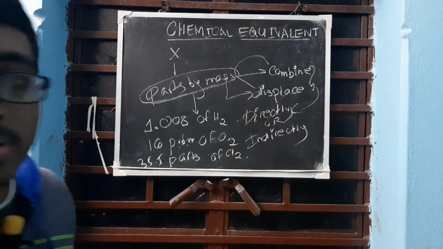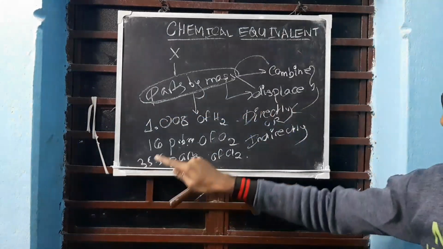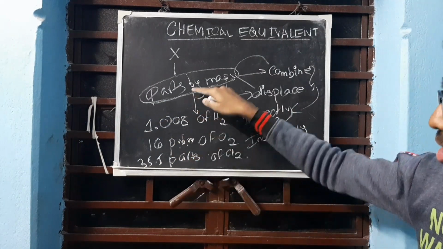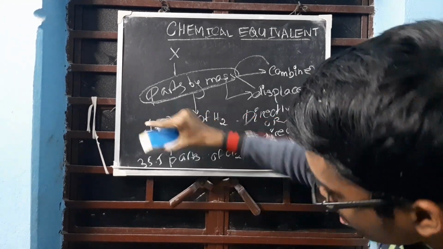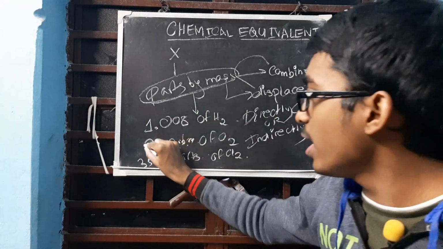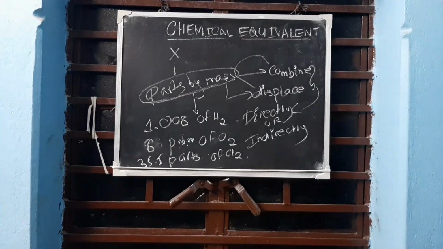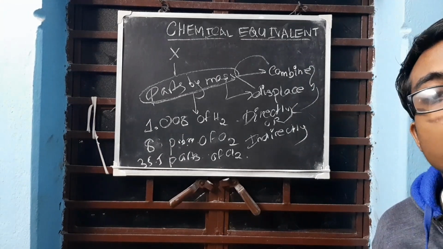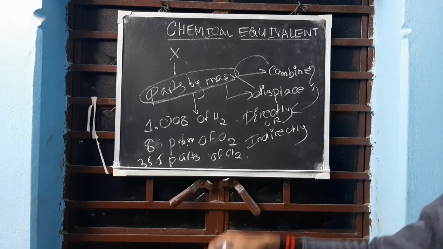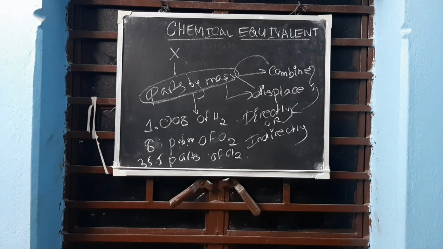Clear or not clear? Three things I have given. One is 1.008 parts by mass of H2. Oh sorry, this is not going to be 16. Sorry. This is going to be 8. Or 8 parts by mass of oxygen or 35.5 parts by mass of chlorine. If either of these is happening, then the equivalent weight is found. You have to find the equivalent weight by this. There are a lot of methods which we will discuss at the end of the chapter, not now. Okay?